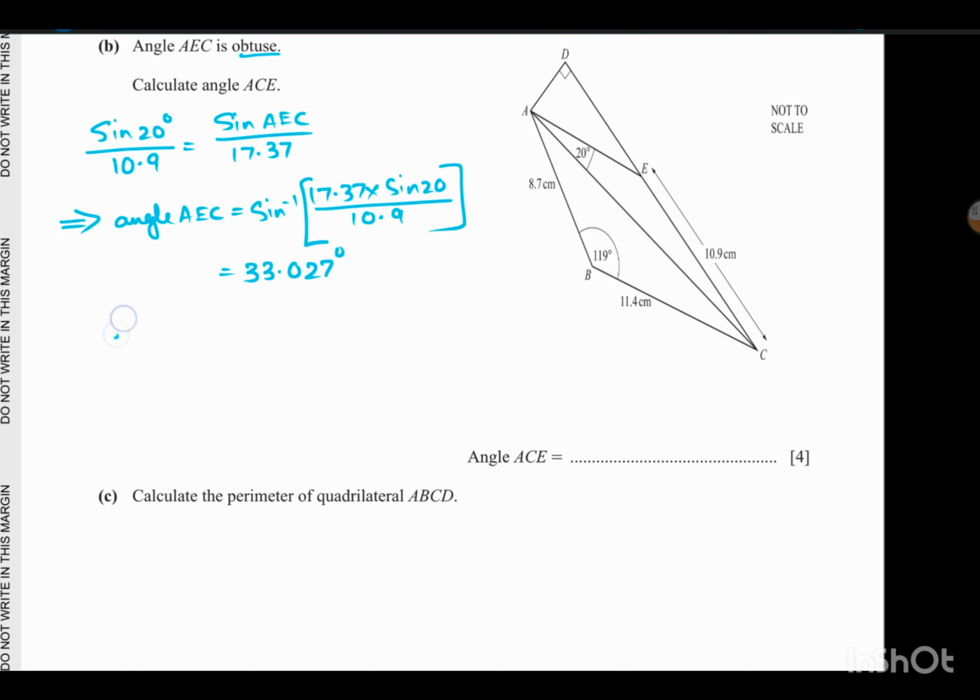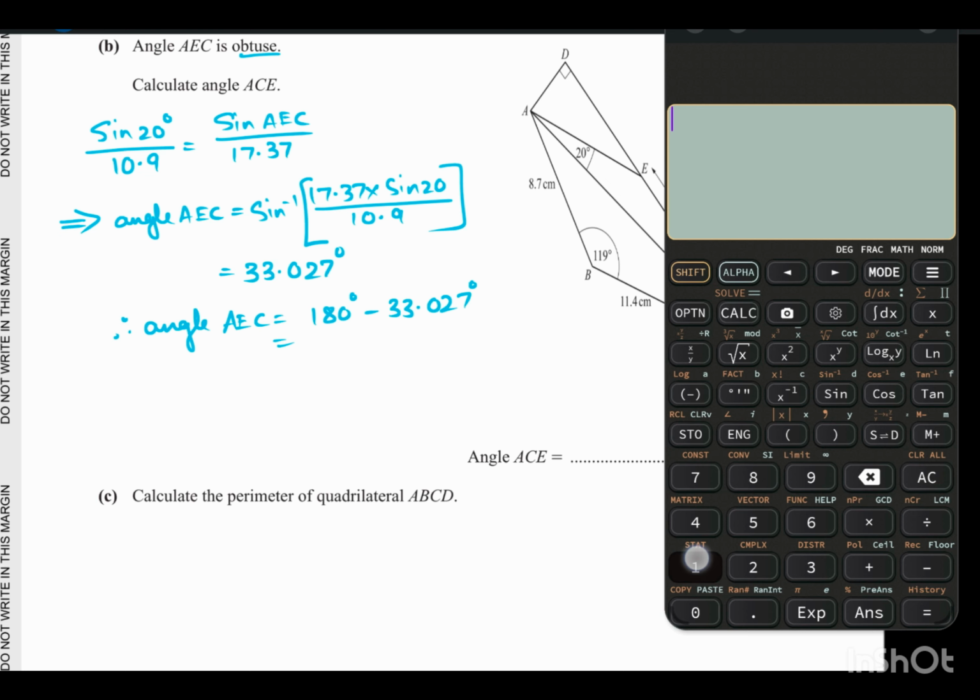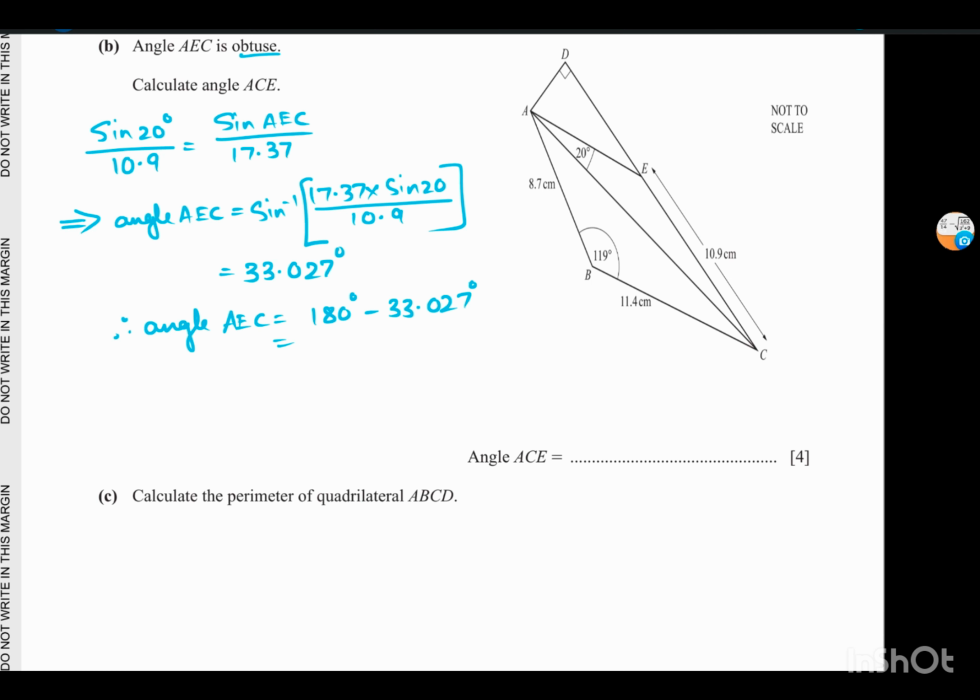Therefore angle AEC will be 180 minus 33.027, which is 146.973. 146.97 degrees. We got the angle.